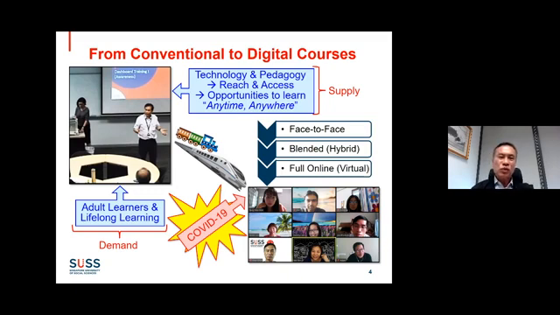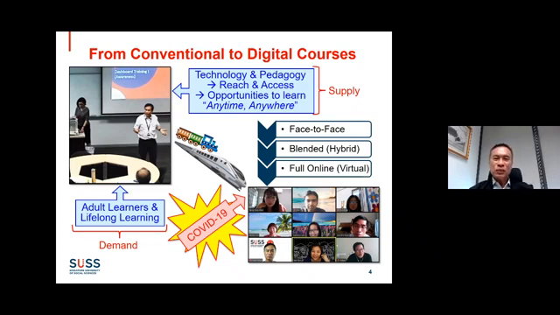The move towards online classes is not just a supply thing, it's also a demand thing with demand factors. When we think about students, we used to think about fresh school leavers who come to universities to take courses in the class in a full-time mode. But nowadays, that has changed drastically.